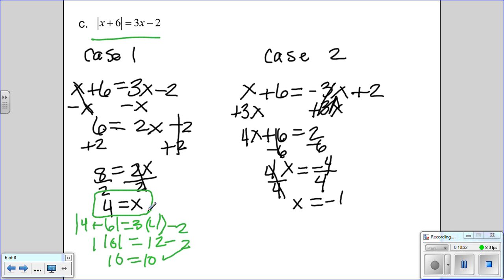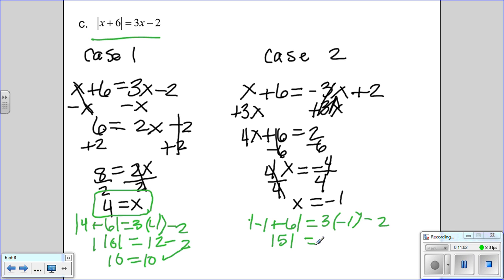That's a solution. Okay, let's try x equals negative 1 in the original equation, the original form of the problem. So I've got the absolute value of negative 1 plus 6. Is it equal to 3 times negative 1 minus 2? Okay, so the absolute value of negative 1 plus 6, that's the absolute value of 5.